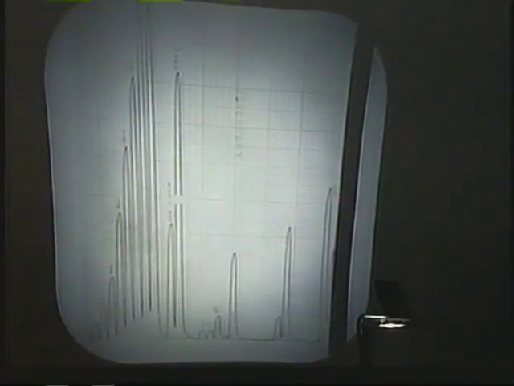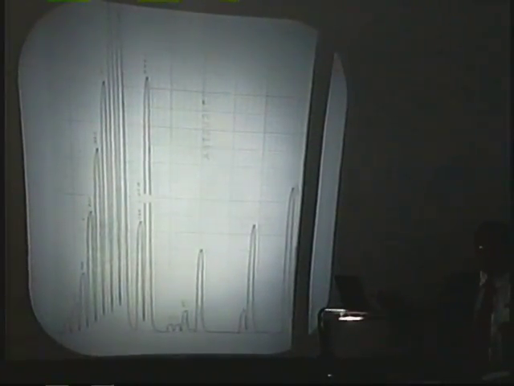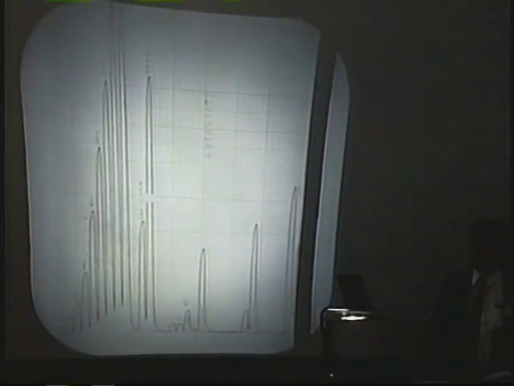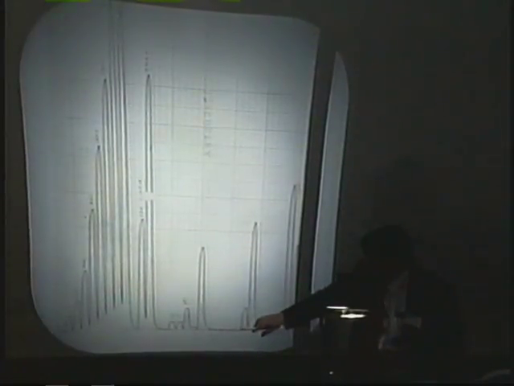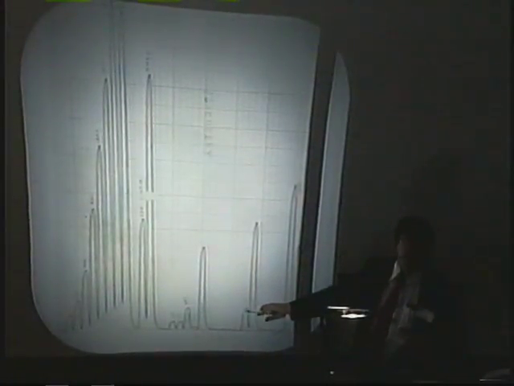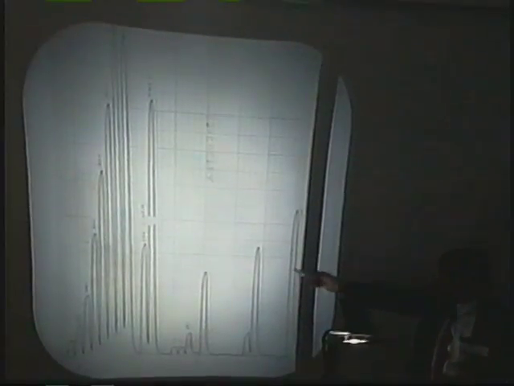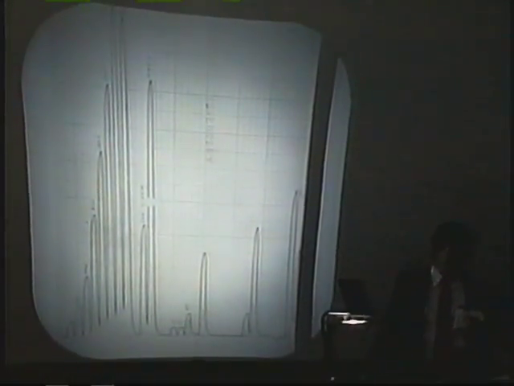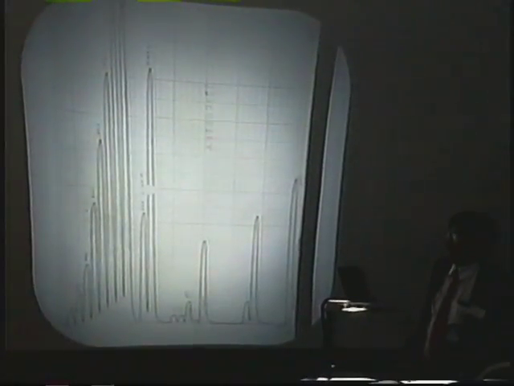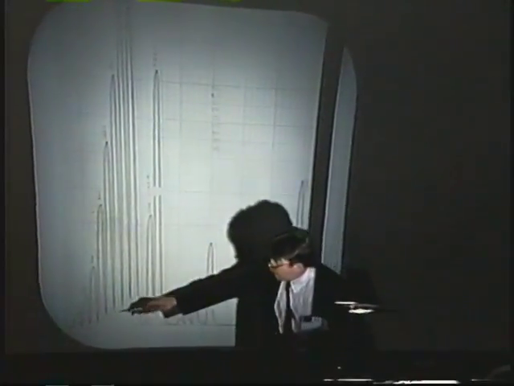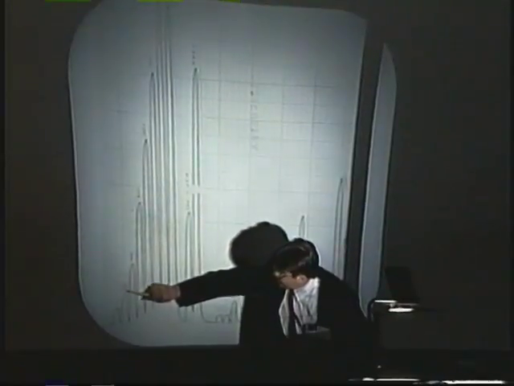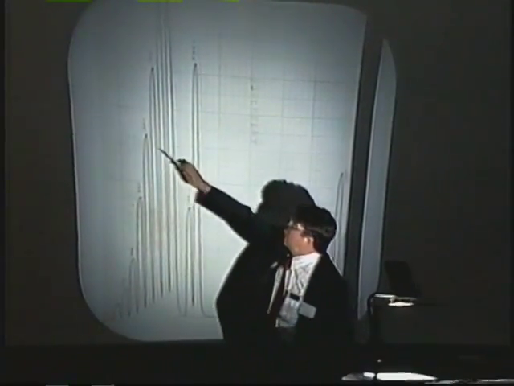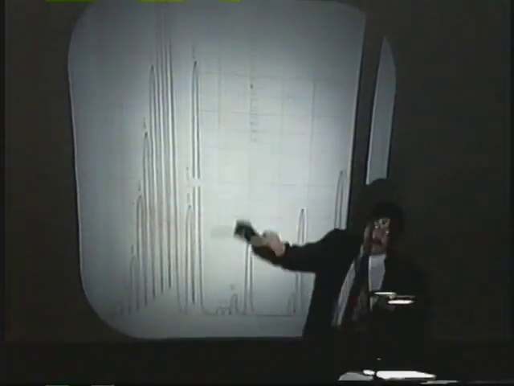A light beam is passed through the dye, and based on the concentration of the nitrite in the sample, a voltage is produced, which is then transferred to a strip chart recorder. And the strip chart recorder, the pen deflects based on the voltage, which is dependent on the concentration.